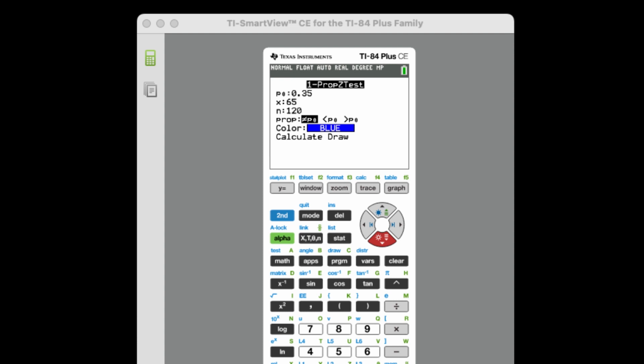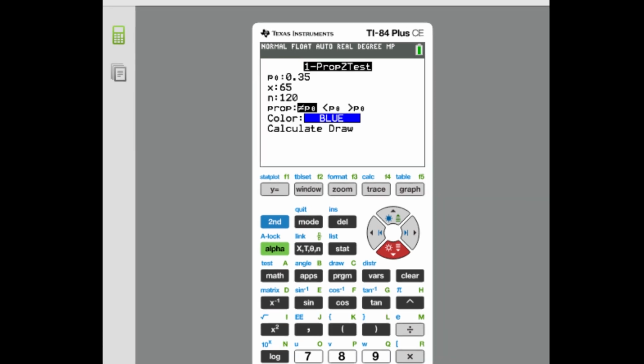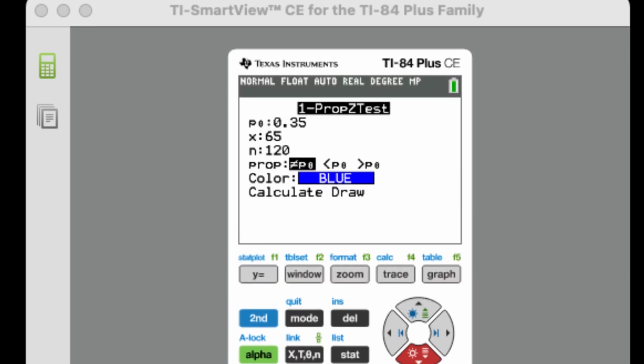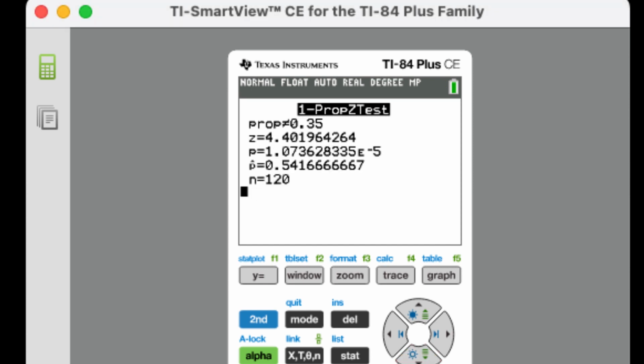So if you guys see this here in your TI, that's your alternate hypothesis. That's not equal. Now you just hit enter. And ladies and gentlemen, you see the second line? Let's see. Go to the nearest thousandth. What is that? 4.402.